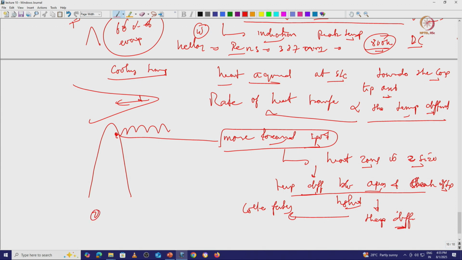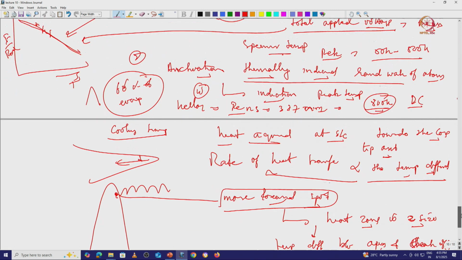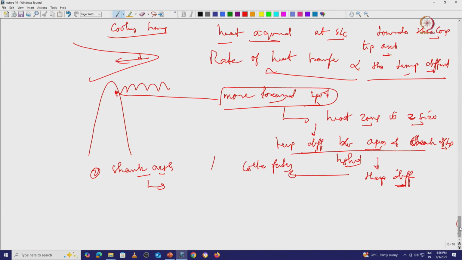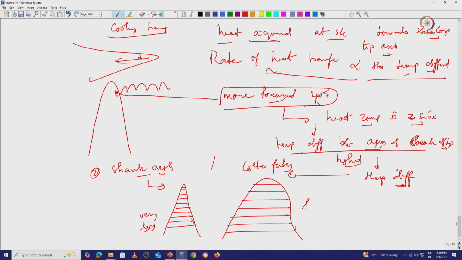The other factor is the shank angle. This parameter also governs the cooling. For example, if you have two tips, one is sharp with a very small shank angle, and one has a very large shank angle, then in the first case the heat dilution is very small, but in the second case the heat dilution is very high.